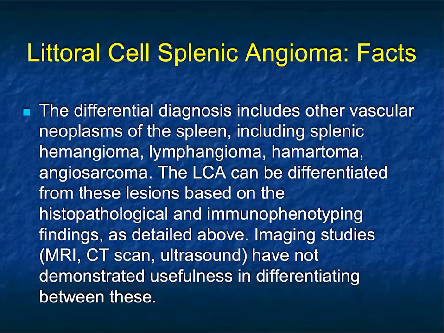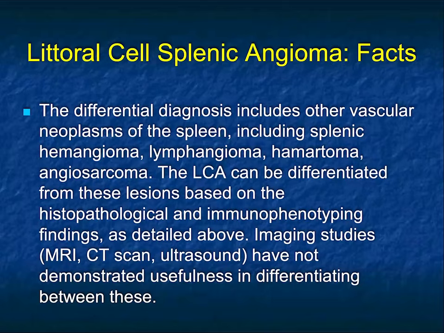The differential is other vascular lesions: hemangioma, lymphangioma, hamartoma. Angiosarcoma is a vascular lesion to at least mention, but littoral cell tumors don't have the vascularity of an angiosarcoma.